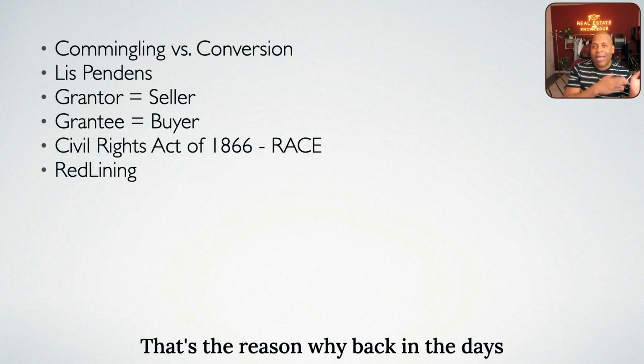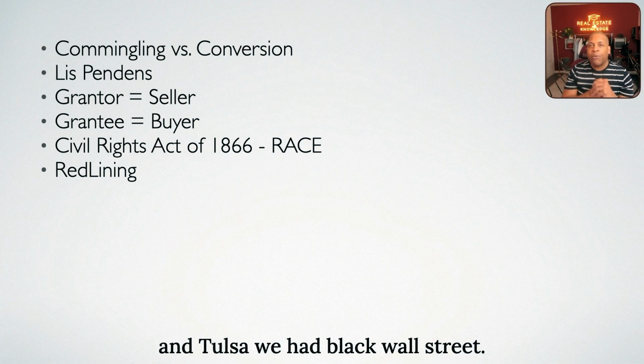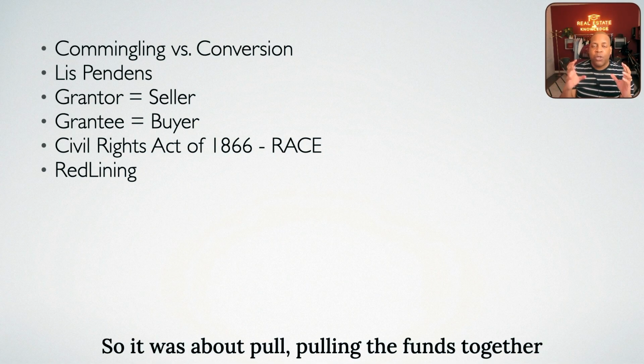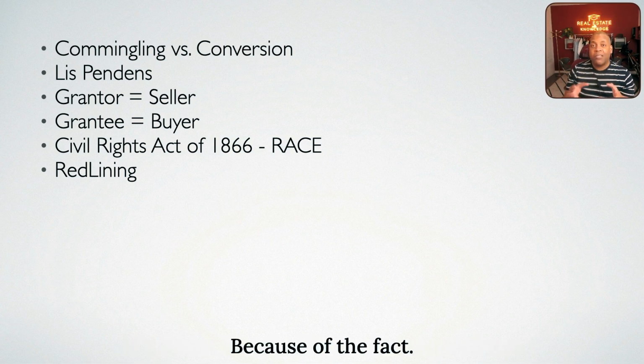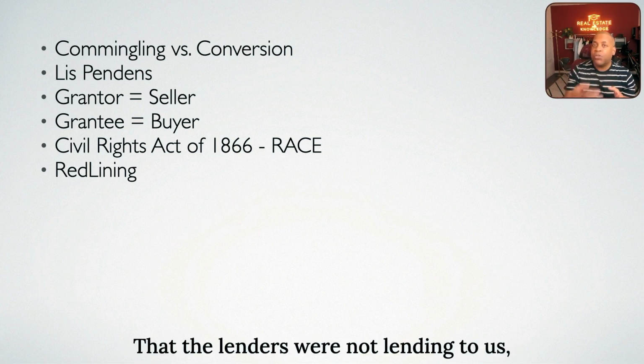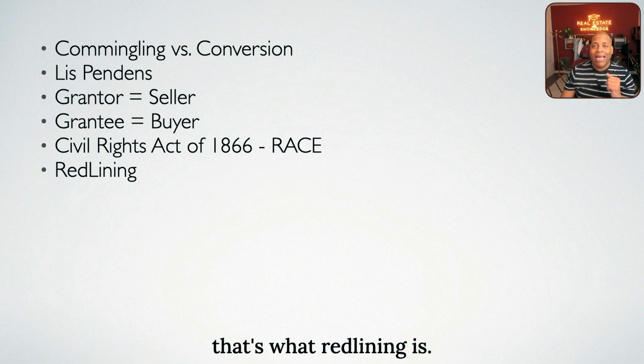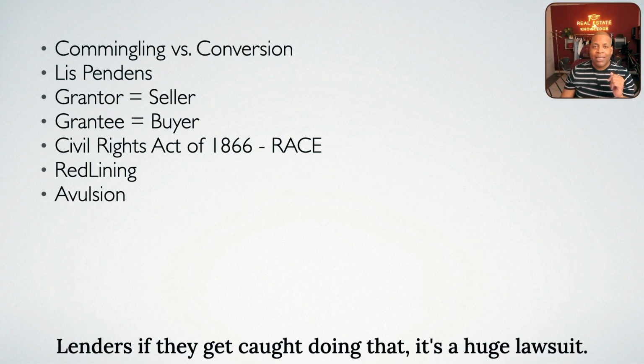That's the reason why back in the days in Tulsa, we had Black Wall Street. It was about pooling the funds of African Americans in order to purchase, because the lenders were not lending to us. That's what redlining is. Of course, it's illegal. If lenders get caught doing that, it's a huge lawsuit.